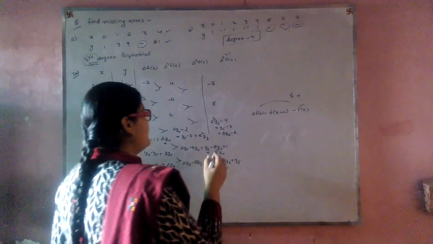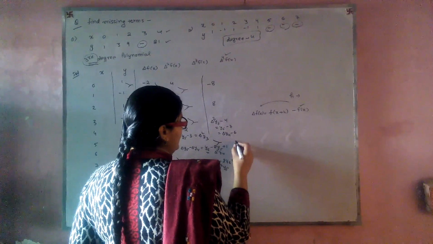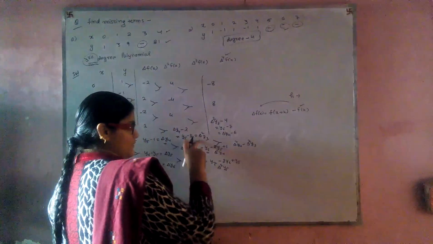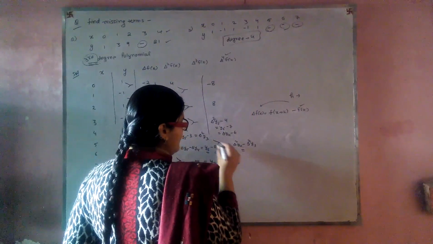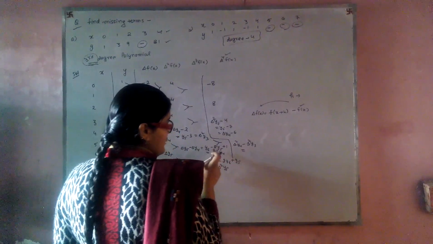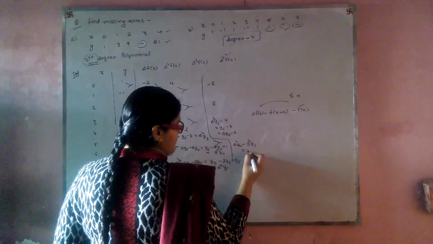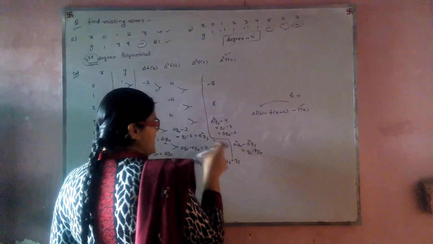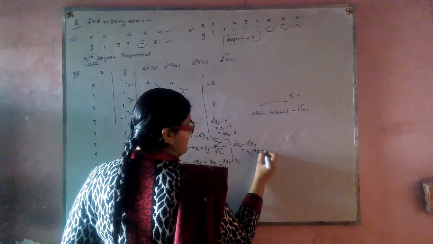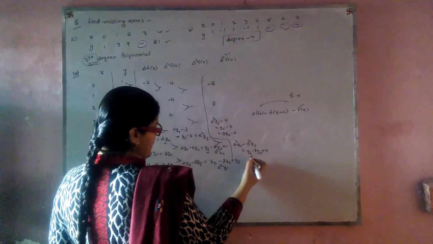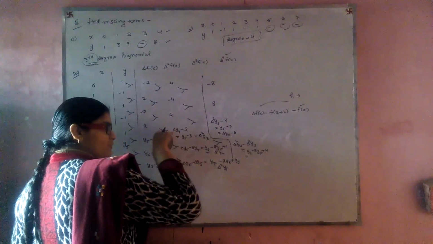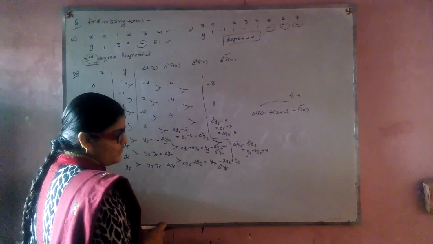Then it becomes delta 2 y4 minus delta 2 y3, or we can say y6 minus 3y5 plus 1 plus 3 becomes plus 4. Or delta y5 minus delta y4 minus delta y4 plus 2.